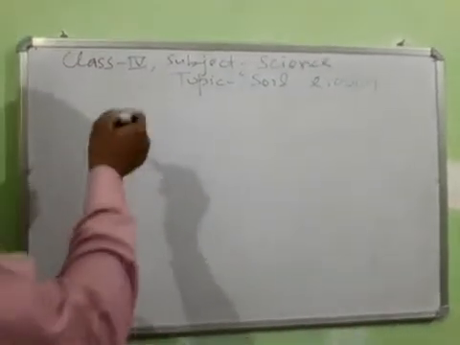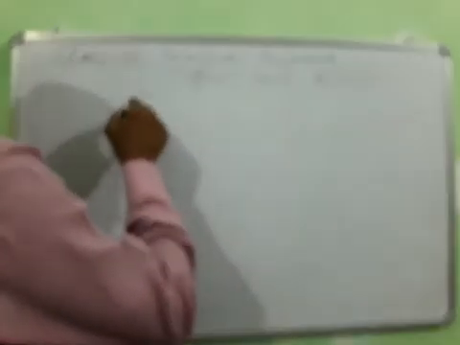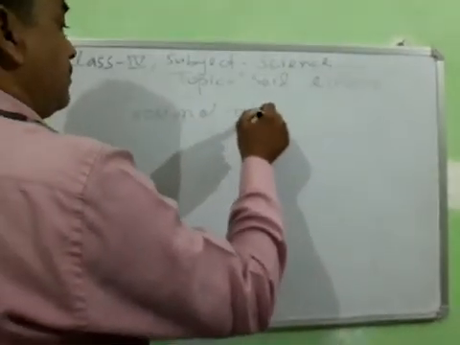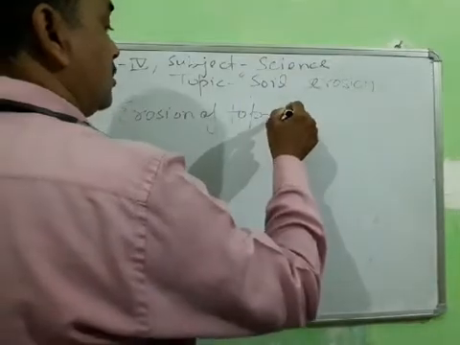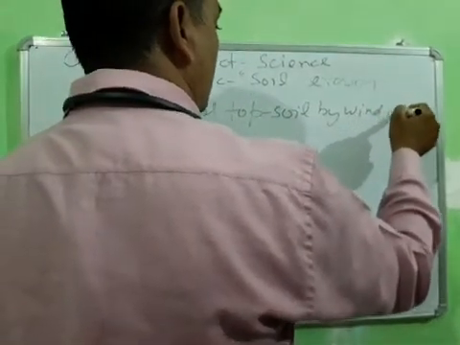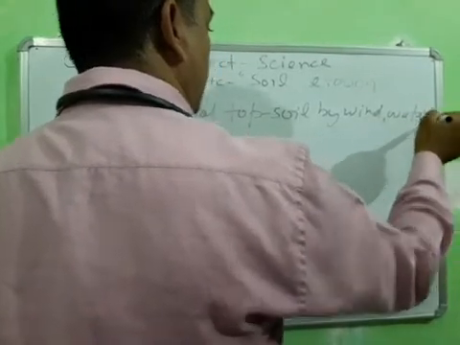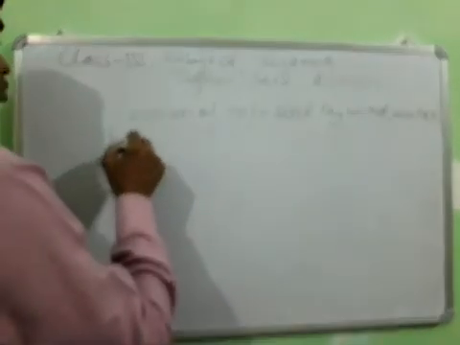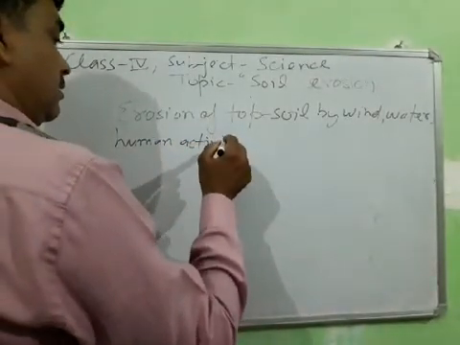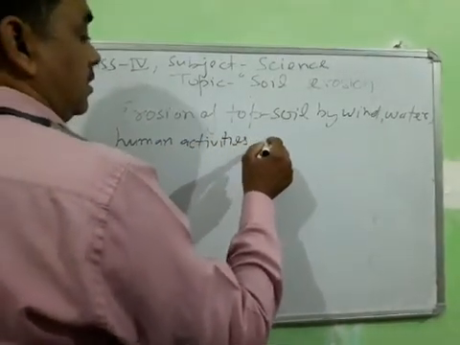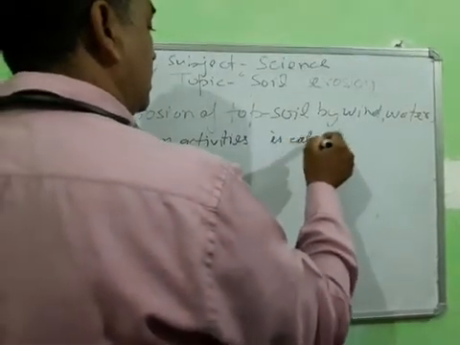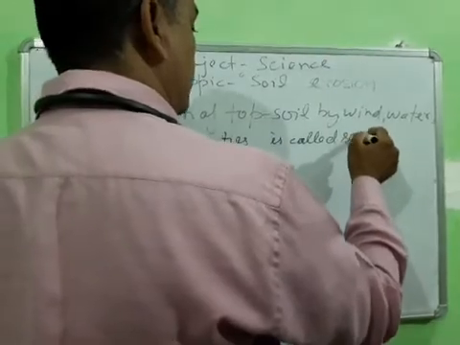So the erosion of top soil by wind, water, human activities is called soil erosion.